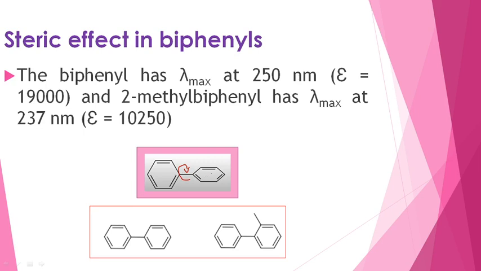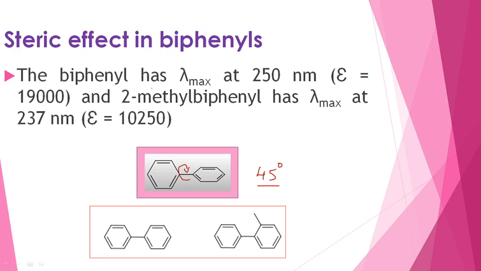One ring is 45 degrees to the other ring. There is no planarity between the two rings; one is in one plane and the other ring is in another plane. The angle between the two rings is 45 degrees.